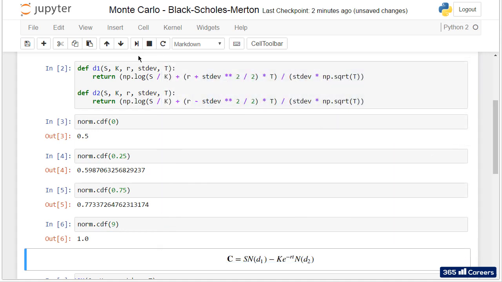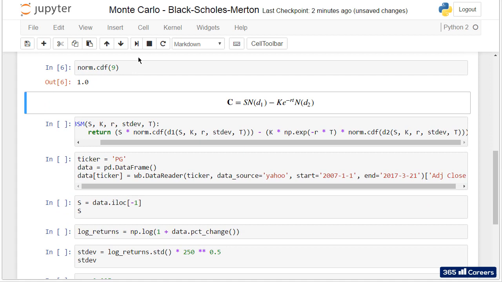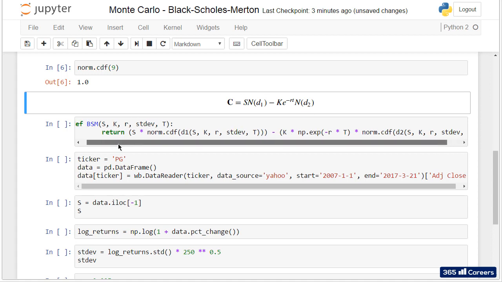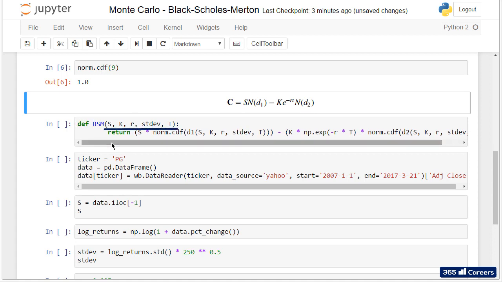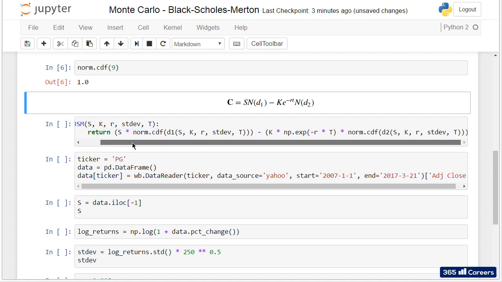We can introduce the Black-Scholes function. It will have the same parameters as D1 and D2: current stock price, strike price, risk-free rate, standard deviation, and time horizon measured in years. Observe how the formula shown in the box is replicated in Python. This piece refers to N of D1.